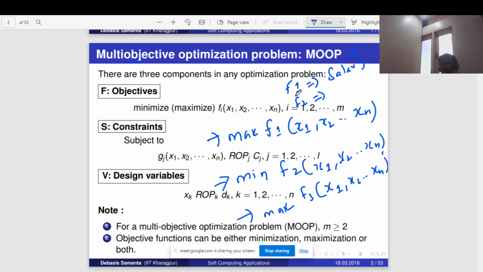See, say this function f1 is salary. Any individual, what does he want to do? Does he want to maximize the salary or minimize the salary? Let us assume f1 represents salary. Maximized, right?